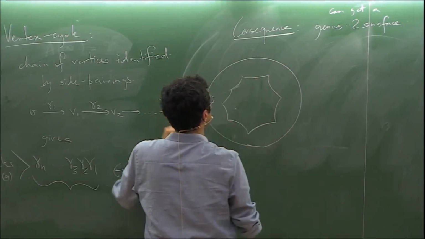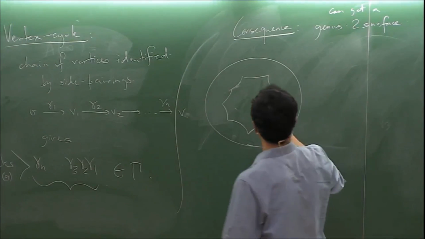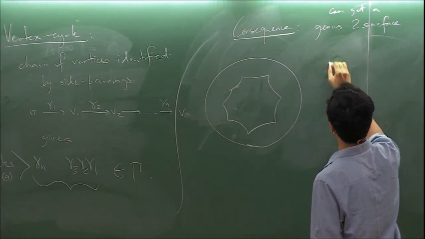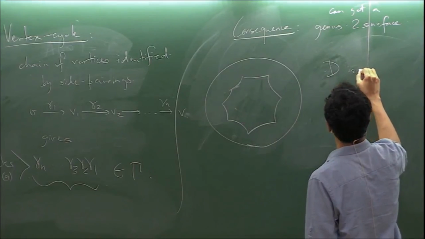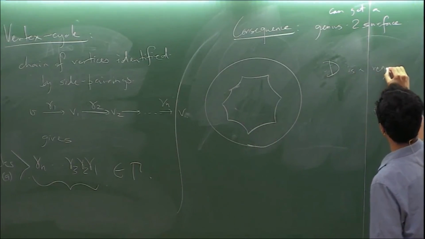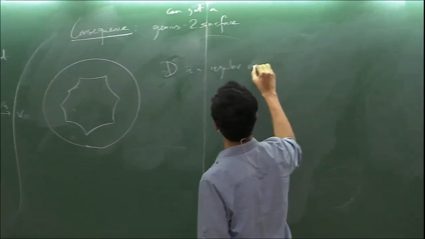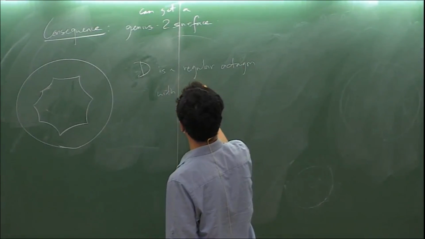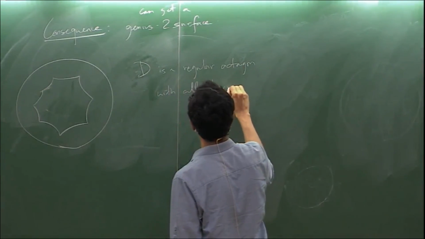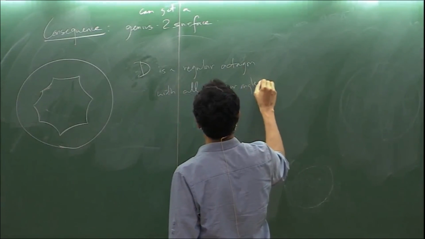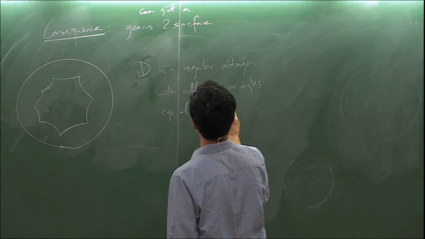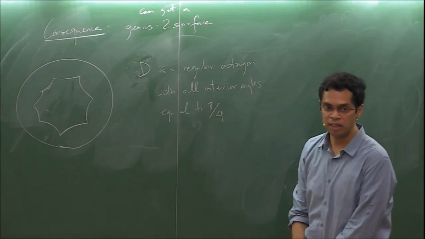It's got 8 sides, so D is a regular octagon with all interior angles equal to pi by 4.